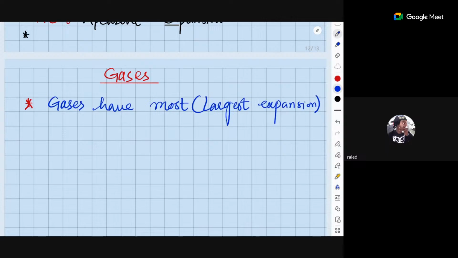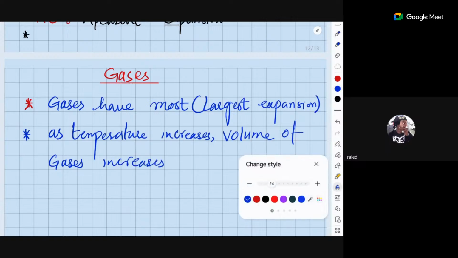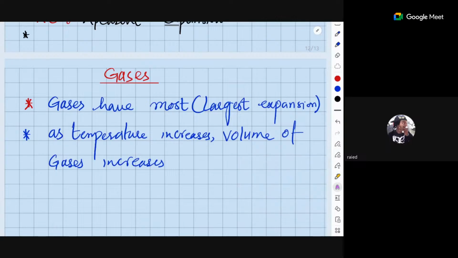Their volume increases, right? We have studied that in detail. As temperature increases, volume of gases increases. So when the volume of the gases increases, at that time you can say that yes, the gases expand. Is it? We agree?